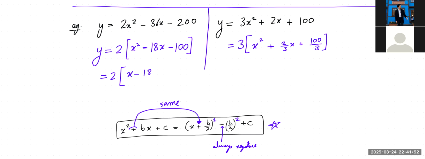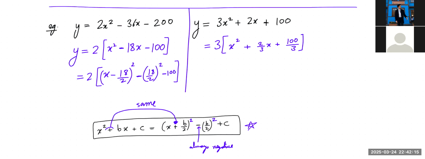You can just say x minus 18 over 2, whole squared, minus 18 over 2 squared, and then minus 100 in this case, because it's plus minus 100, so you can just say minus 100. Now we can, of course, simplify this a bit.